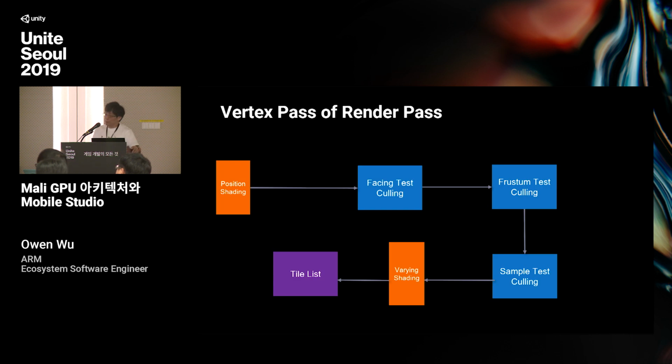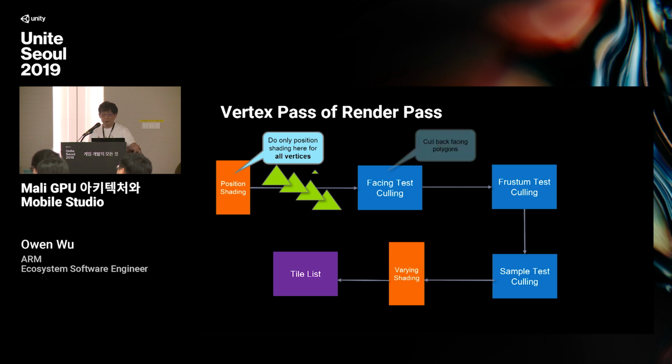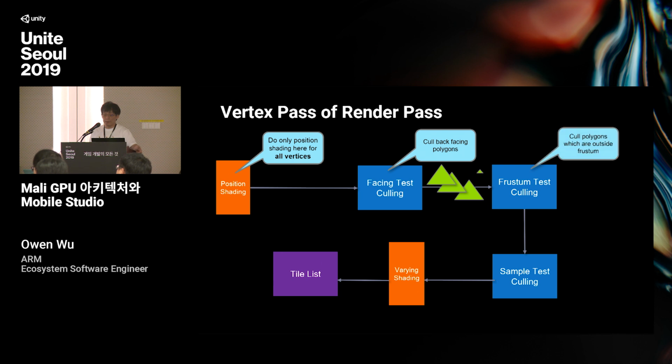So here is an animation to show you how a tile-based GPU works. When primitives are rendered, you send the primitives to the GPU, which will do the position shading first. After position shading, the primitive needs to pass the facing test culling, and any back-facing primitive will be culled here.